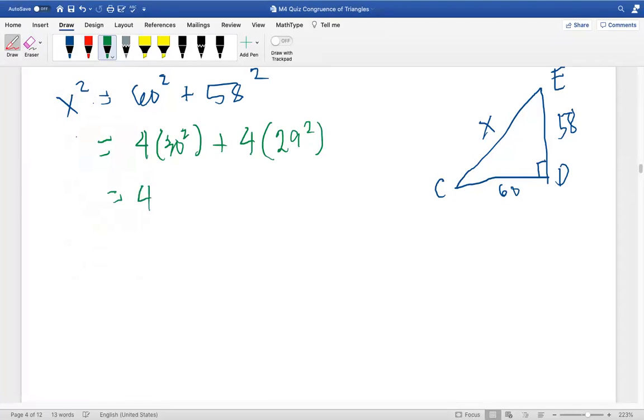We can factor out 4, and we need to compute 29 squared.